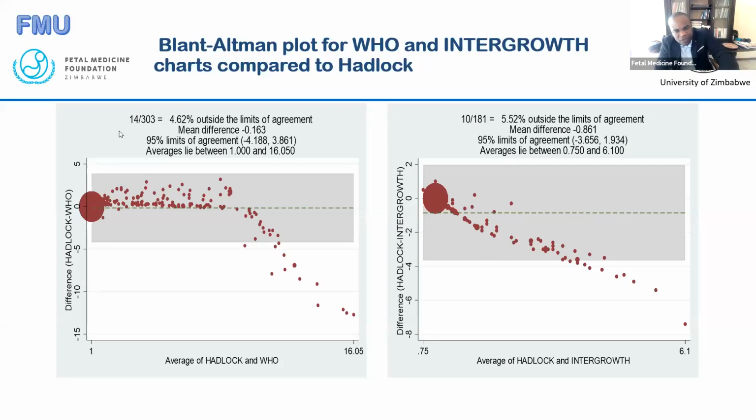And you can check for yourself that only 14, if you are to compare the Hadlock and the WHO chart, only 14 of the babies would fall out of agreement, which means the WHO chart is almost similar to Hadlock in picking these babies. And if you are to go on the further right, where we're comparing for those who are severely small with a Bland-Altman plot, only 10 of them would lie out of the agreement, which means the majority of the fetuses were picked up by that INTERGROWTH.